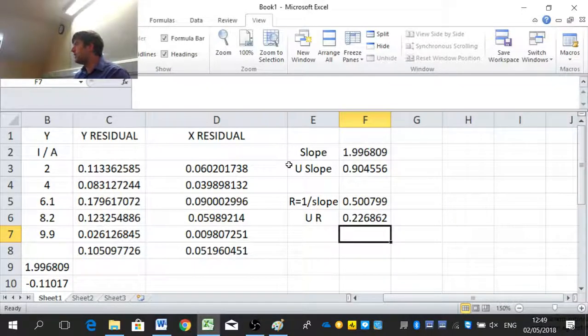If I said the average height is 2 meters, there's a big difference between 2 meters plus or minus 1 centimeter and 2 meters plus or minus 1 kilometer. One is useless and the other is not. So when we predict the resistance in the circuit, we are saying that we think it's half an ohm plus or minus 0.2 of an ohm.